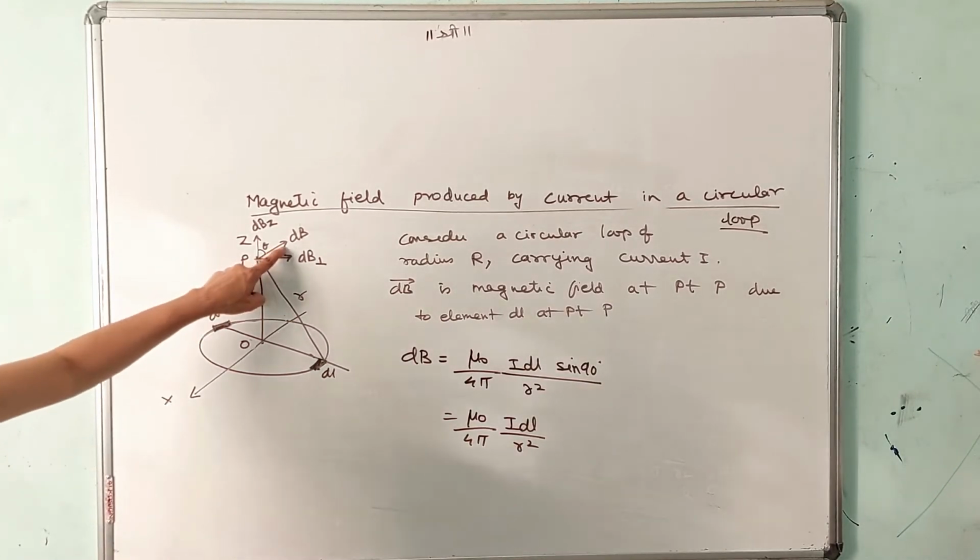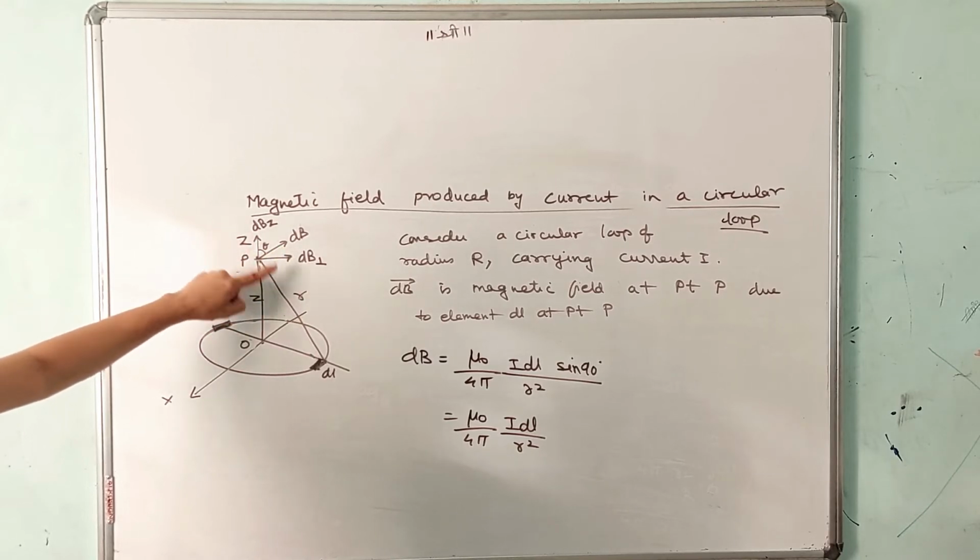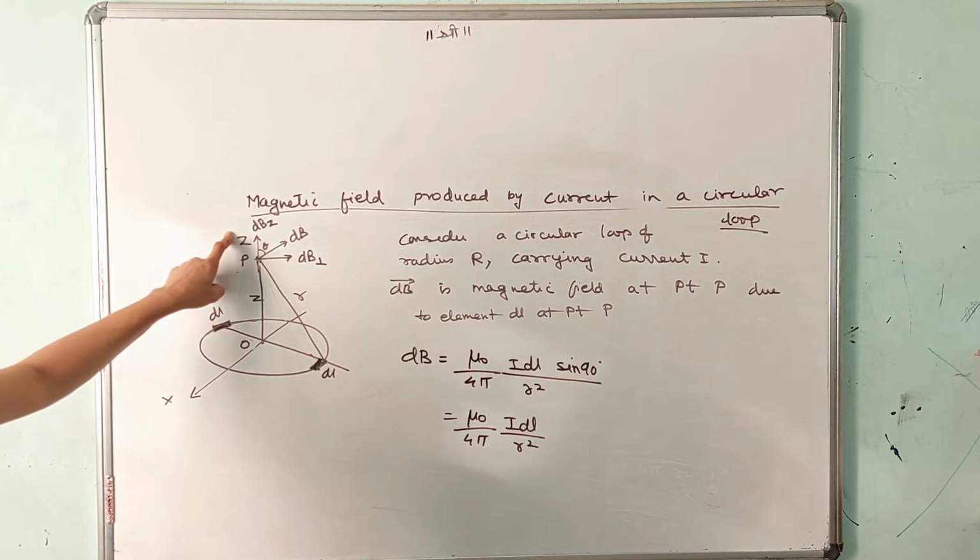Now here dB is resolved into two components, dB perpendicular and the horizontal component dBz.